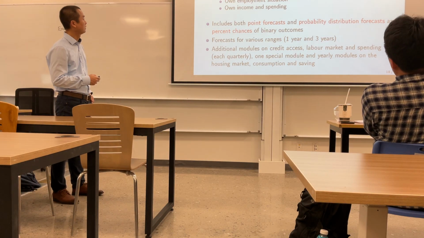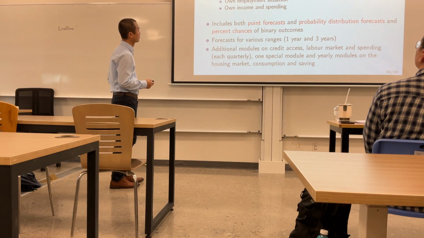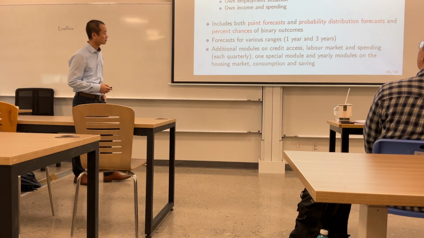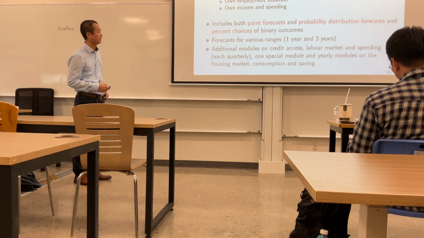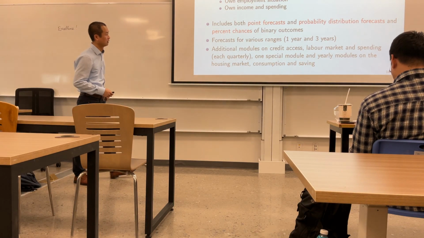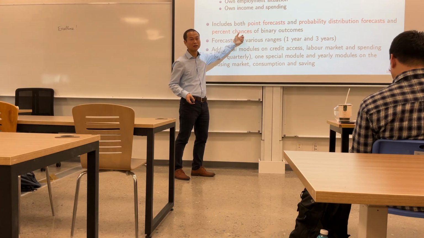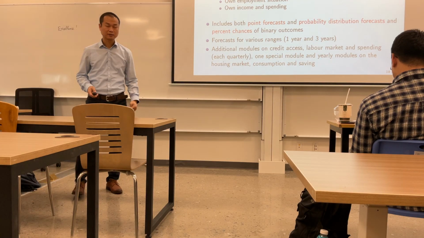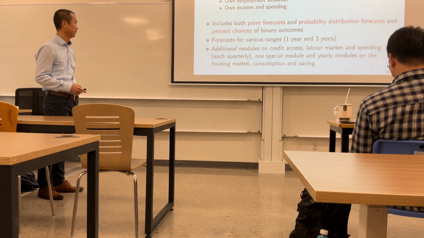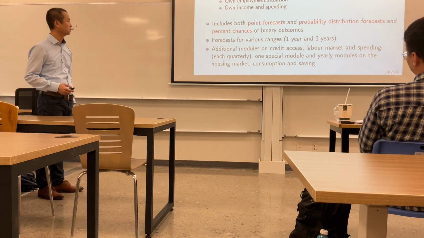And then unemployment, credit access, stock market, tax, and employment, income, spending, and they include both point forecasts and probability distribution forecasts and percent chance of binary outcomes. So I will show the exact questions for this one this afternoon, when we look at the questions in detail and how we can make use of them.